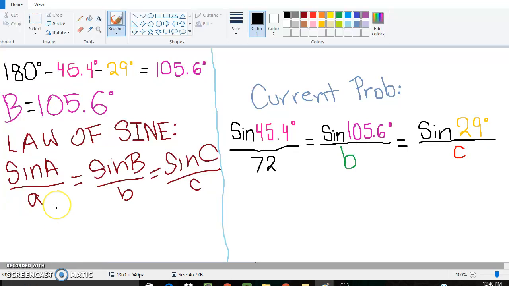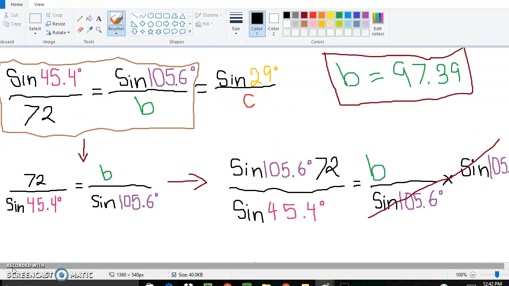So we can conclude that the law of sines is sine of angle A over side A equals sine of angle B over side B, and sine of C over side C. When we apply this to our current problem, we have sine of 45.4 degrees over 72 equals sine of 105.6 degrees over B, which also equals sine of 29 degrees over C.